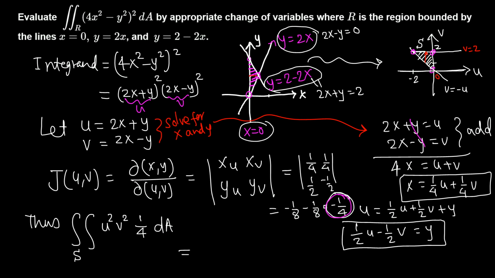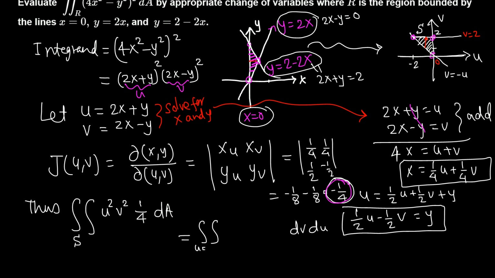So this is dv du, with u outside, from negative 2 to 0, and we can pull the 1/4 all the way outside, with u squared v squared inside. It should be simple enough to integrate.